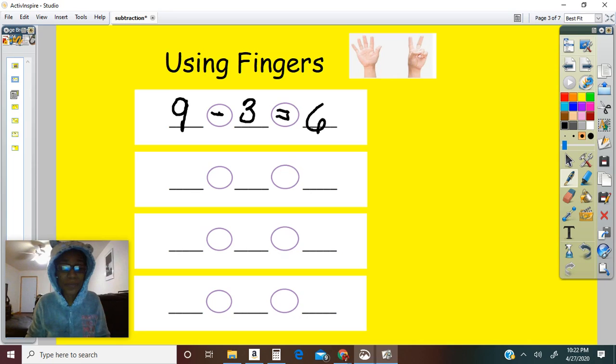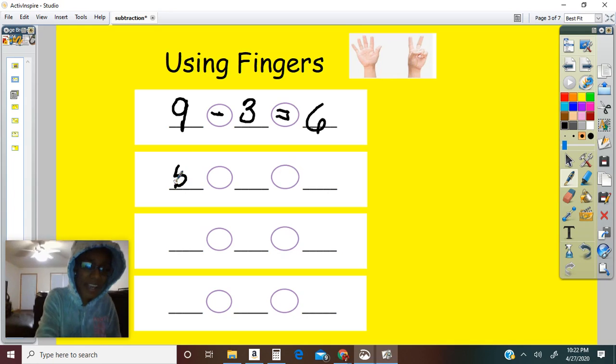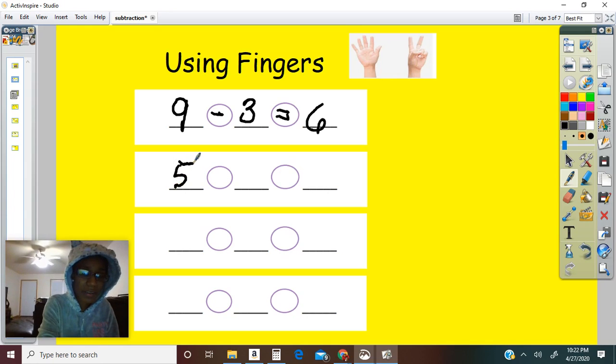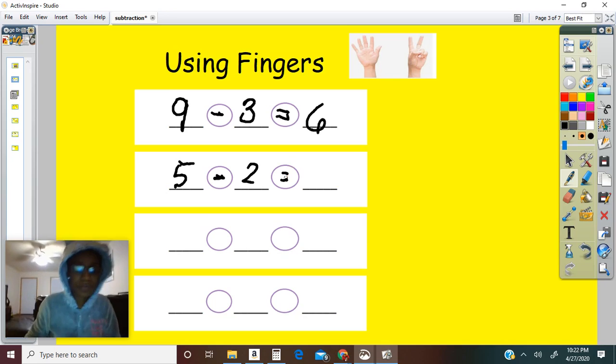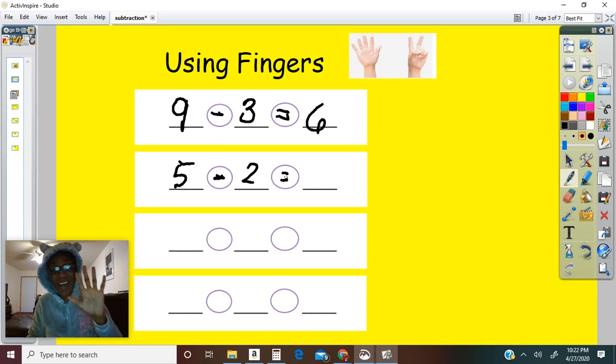Let's try another one. How about 5 minus 2? Remember, always start with, you guessed it, the biggest number or the whole number, 5.